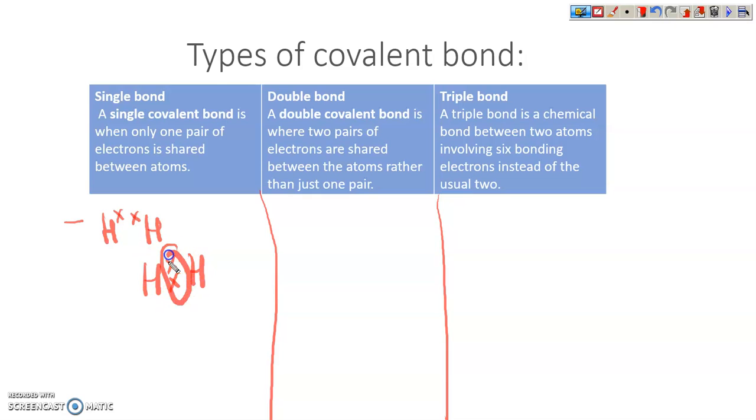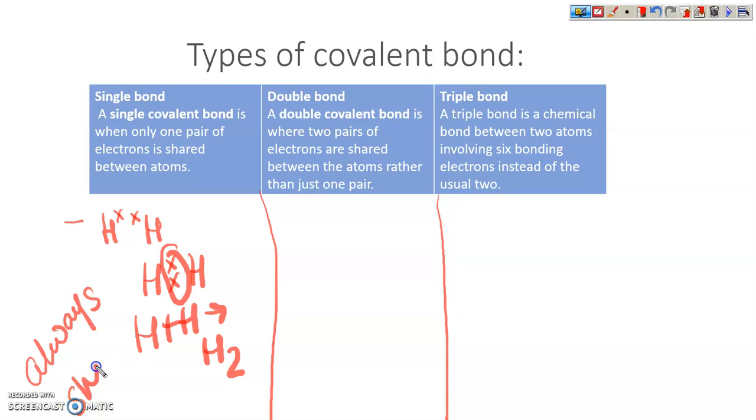They will share, making H2. It's not a compound, it's just hydrogen. One important point about the single bond is that they always share two electrons. This is a main point, you should remember it.